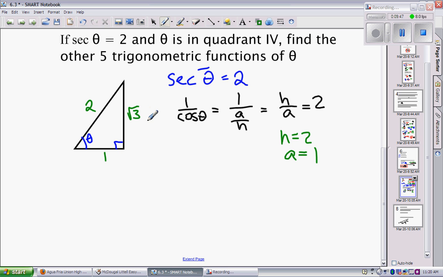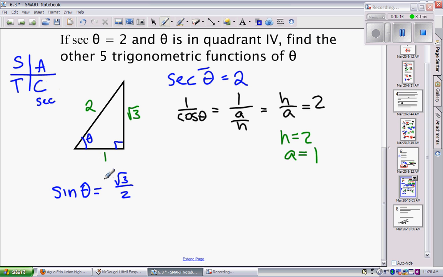We don't need to know the angle of theta and the third angle, so we can just start filling in the sine of theta being root 3 over 2, but we're in quadrant 4, so the cosine and the secant are positive.